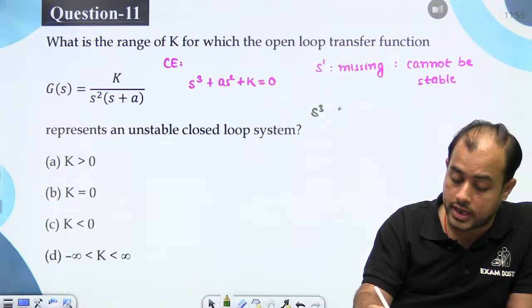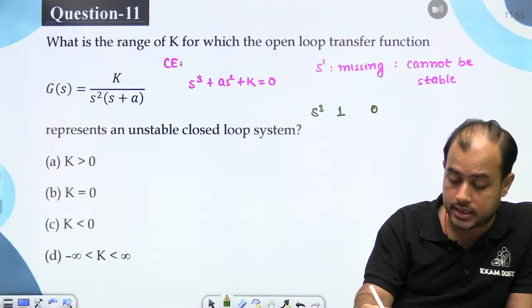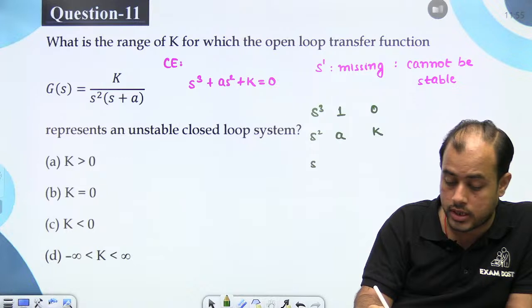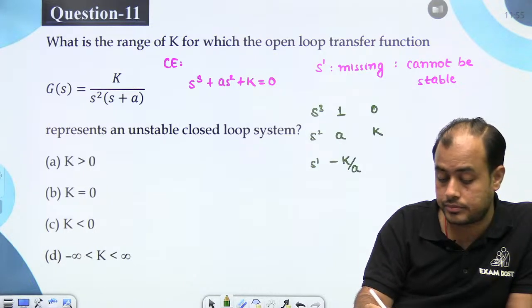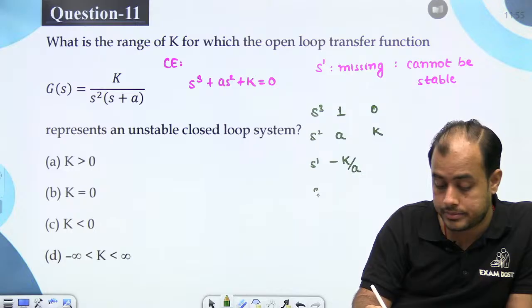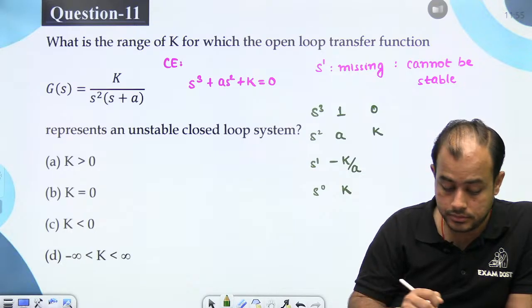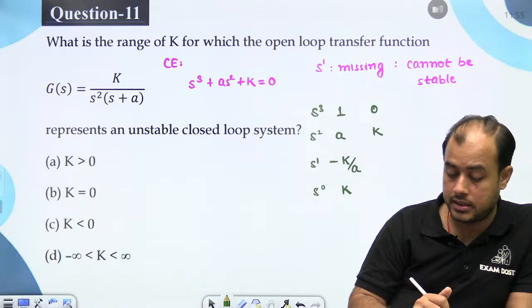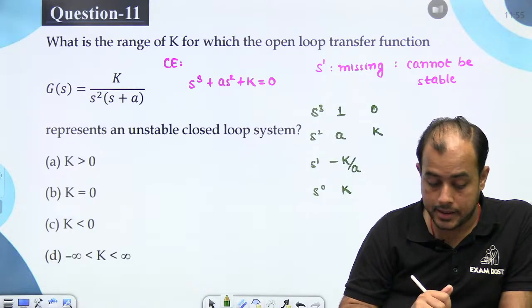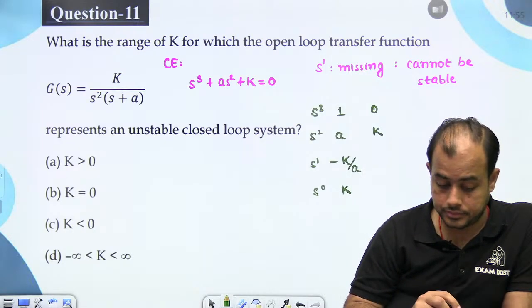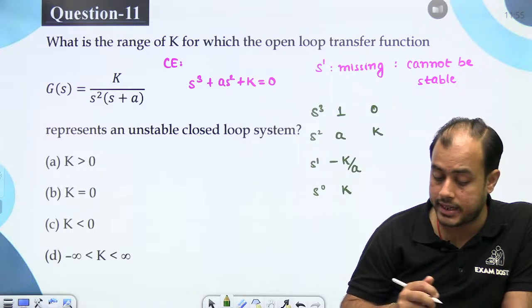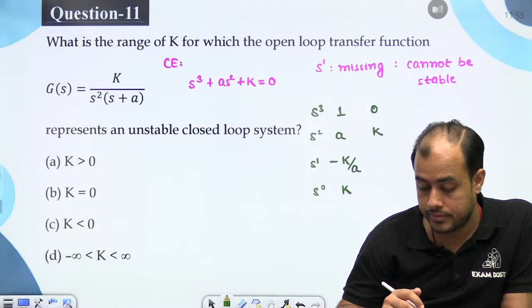And you also cannot apply the shortcut. Without all coefficients non-zero, you cannot apply the shortcut. Okay, it is unstable. For K, assume A is positive, so minus K by A.